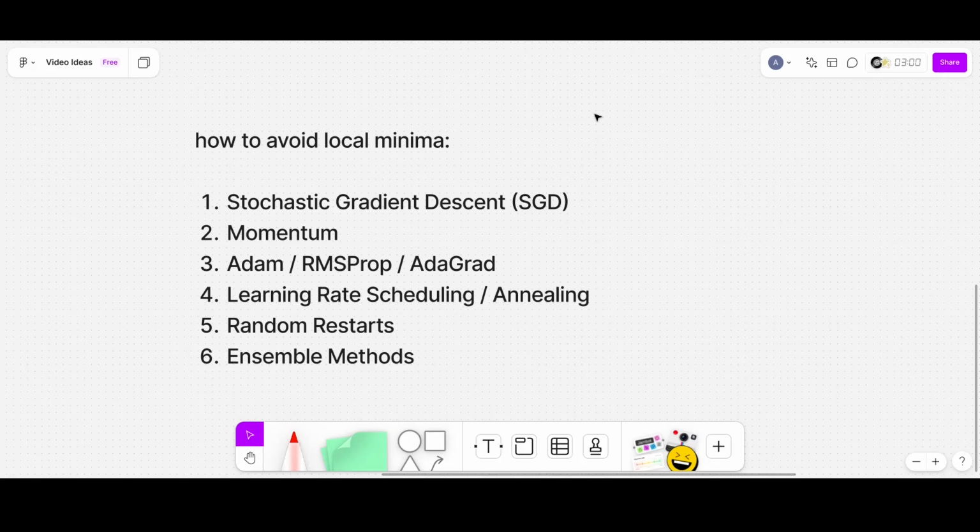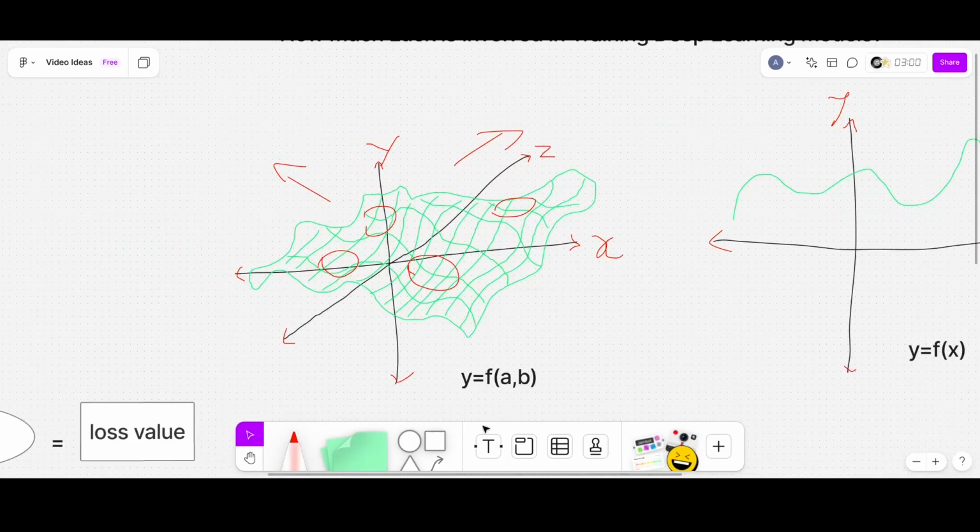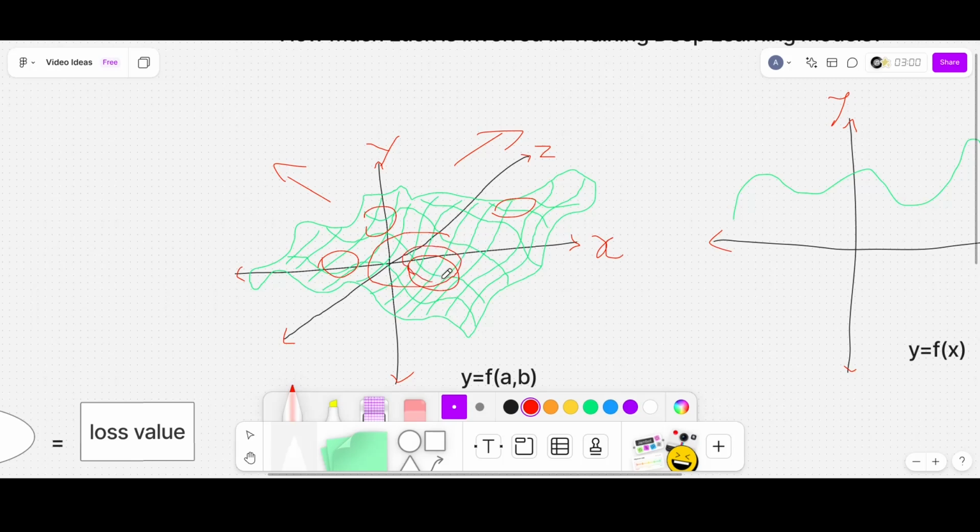Currently, one of the most commonly used optimization algorithms can be considered to be Adam, and that is because Adam is very effective at finding very low minimas. So, Adam, with its optimization, will be able to find a minima that is very close to the global minima, or it might find the global minima itself.